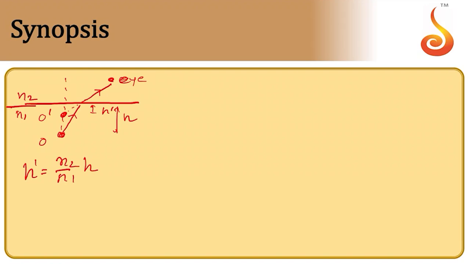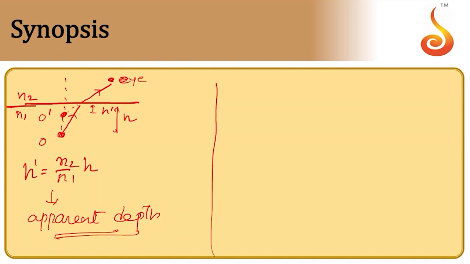So there is a shift in the position, and this is known as apparent depth. So he looks at the object and tells that it is at this depth. So there is an apparent shift also.